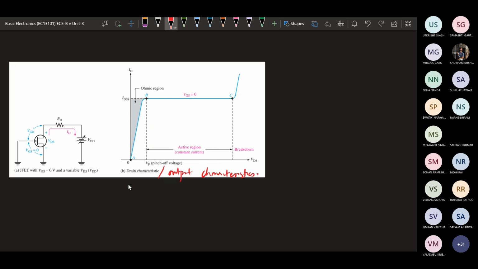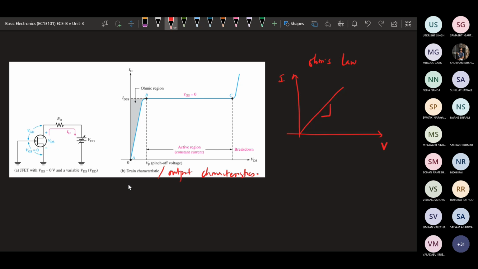Okay, so next we will see here, as we are going to increase the VDS, the current is continuously increasing in a linear manner. So this is going to behave like a linear device, like a resistance. If resistance is there, it follows Ohm's law. So if we plot the current with respect to voltage, there will be a constant slope.